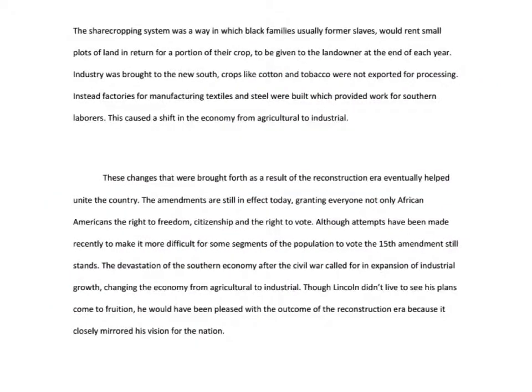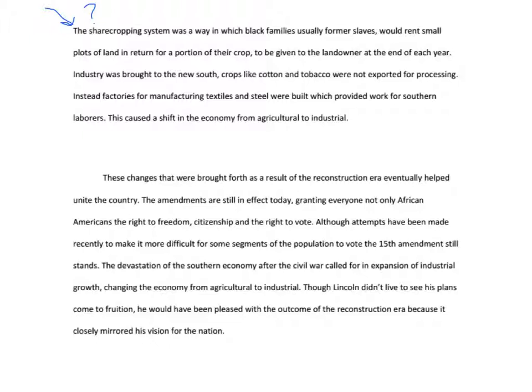So it's a little confusing because you were talking about cheap labor and then you jump straight into the sharecropping system. And I know that those two things go along together, but it's always a good idea just to indicate that. So you could have said something like, "This form of cheap labor was called the sharecropping system." Period.